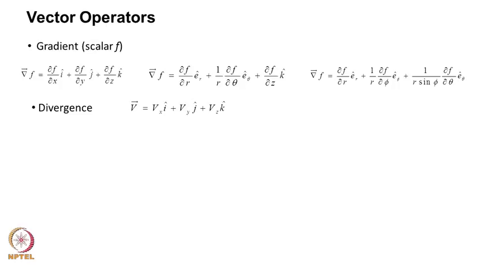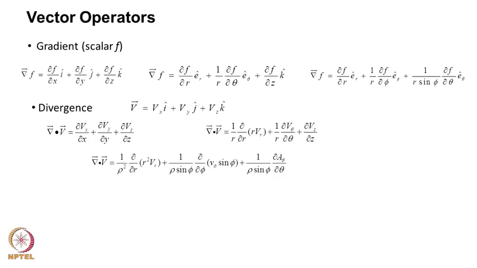Then another important operation is divergence. If you define a velocity vector with components and corresponding unit vectors as Vx into i plus Vy into j plus Vz into k, then divergence is defined as del dot V equal to dou Vx by dou x plus dou Vy by dou y plus dou Vz by dou z.